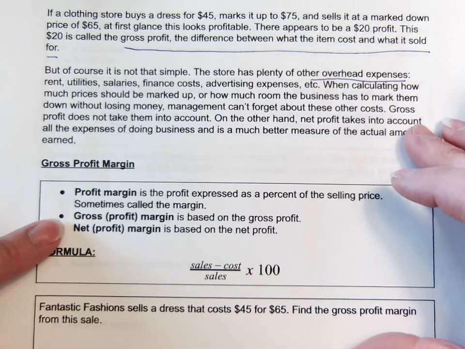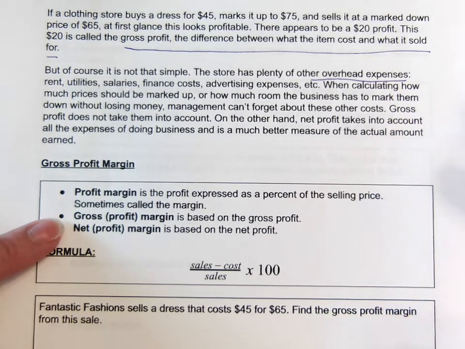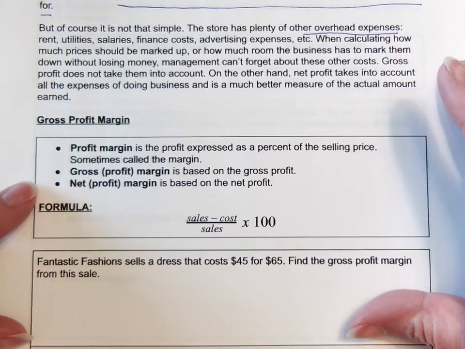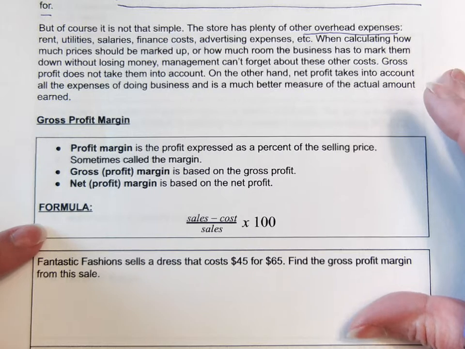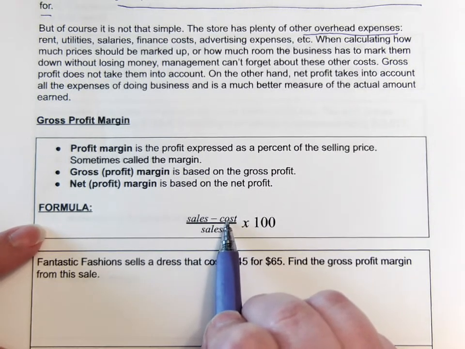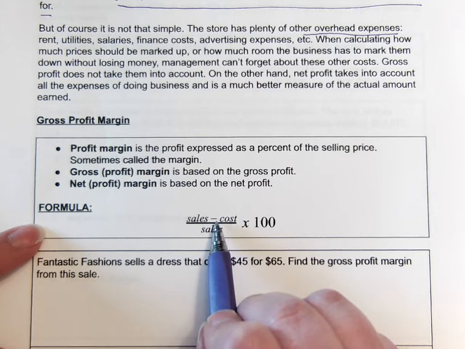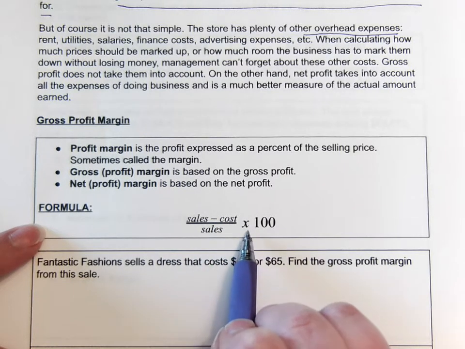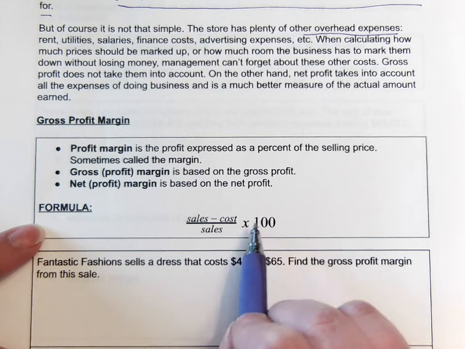And the net profit margin is based on the net profit or after the expenses. So to calculate our gross profit margin, we have this formula. We're going to take our sales minus the cost. And after we have that difference, we're going to divide by the sales. And then we're going to turn it into a percent by multiplying by 100.